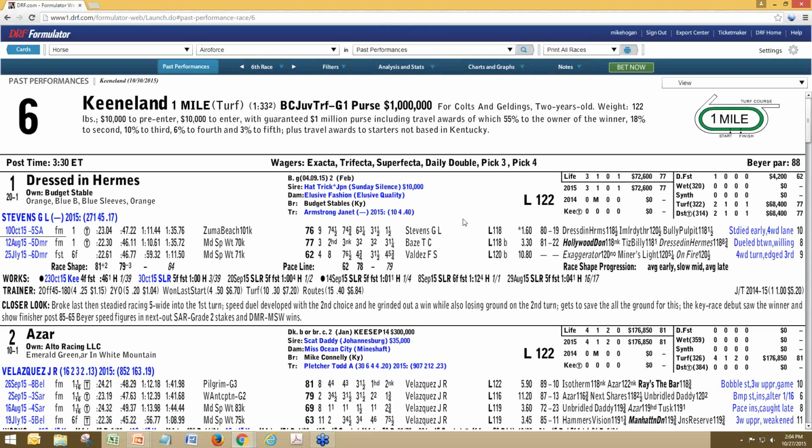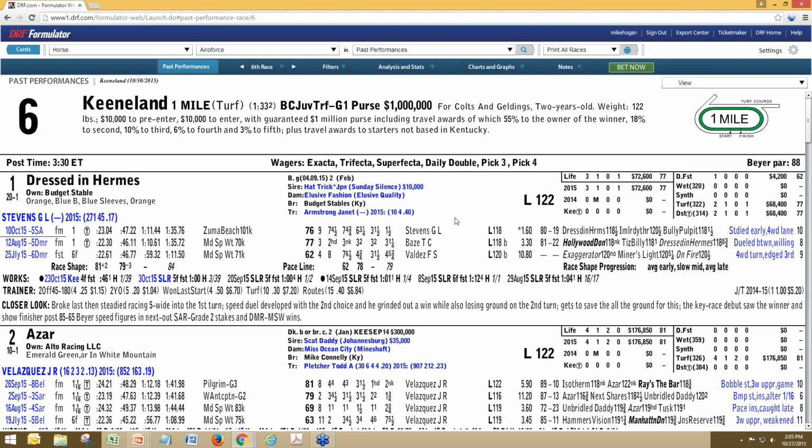So instead of trying to decipher fractional times and compare them from track to track, you can look at the pace figures and get a handy number to compare the two, also taking into account, of course, the speed of the racetrack surface. It really greatly simplifies the process of trying to figure out how fast a pace is going to be and trying to figure out who is likely to set that pace.